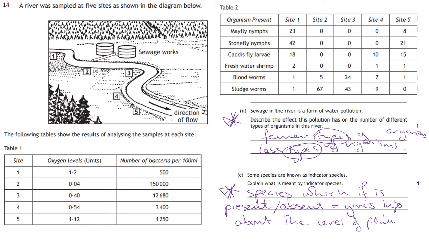So it's a species that, if it's either present or absent, will tell us about the level of pollution. Either it'll tell us there's more pollution or less pollution.